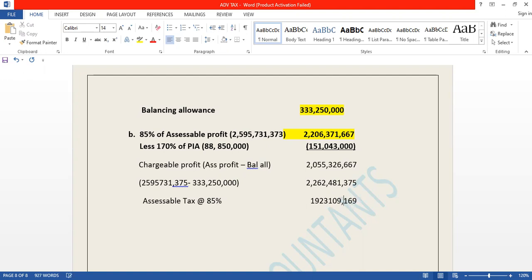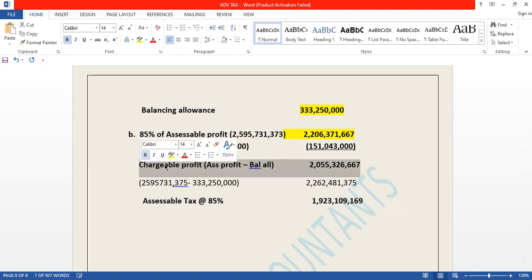Okay, thank you. So these are the figures we have been looking for since morning. And these are the things they ask us to calculate in that question.